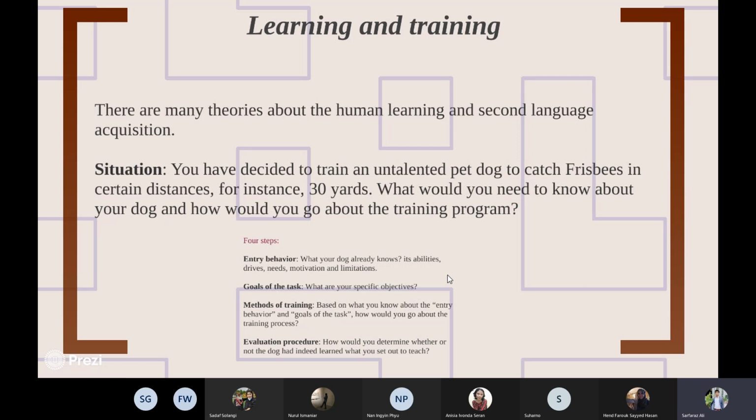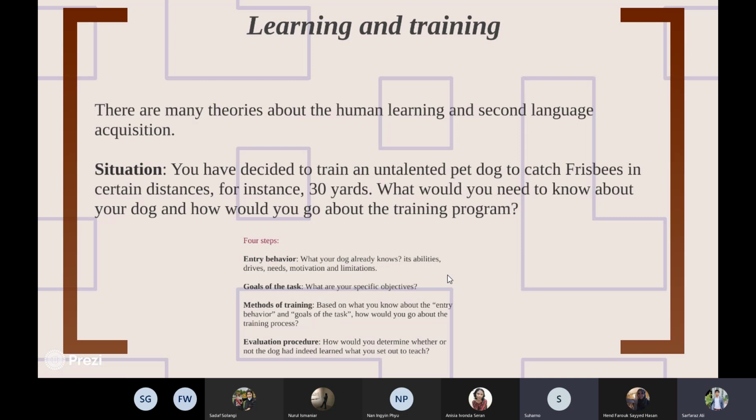With this, I am going to give you an example. If you are going to personally train your pet dog at your house, the situation is this: you are going to train the dog for catching frisbees at a distance of somehow 30 yards.